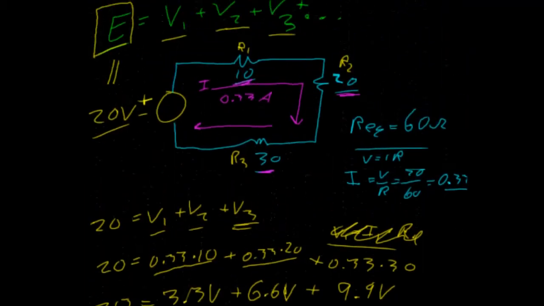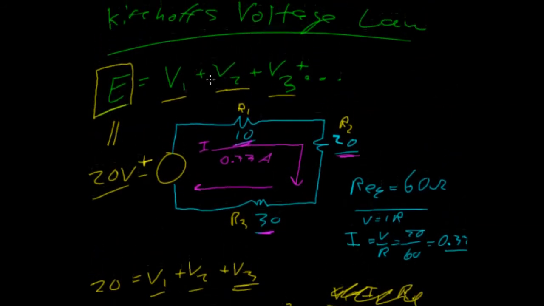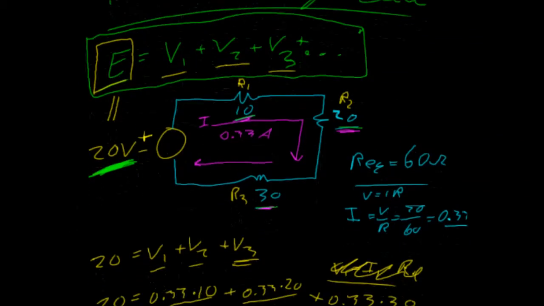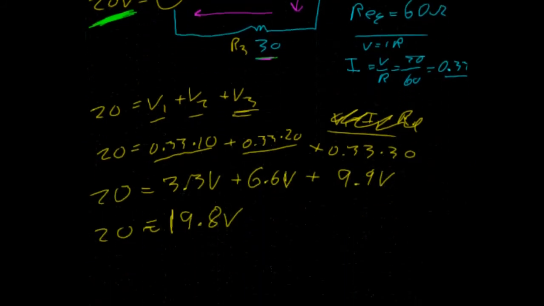So you can see, using Kirchhoff's voltage law, which is this here, E as the power coming out of the power supply equals the voltage drop across the first resistor plus the voltage drop across the second resistor plus the voltage drop across the third resistor. It's going to be the sum of those three is going to be what's coming out of the power supply.